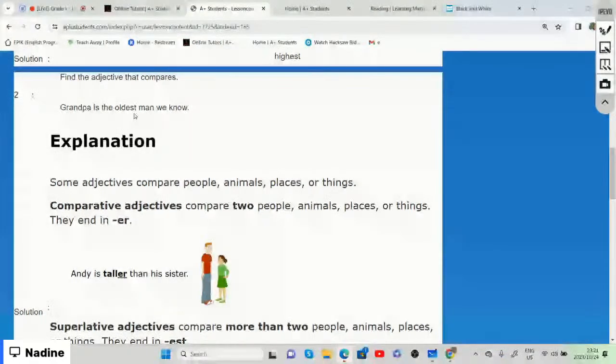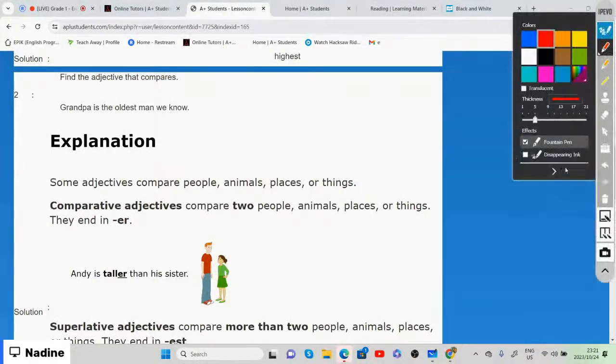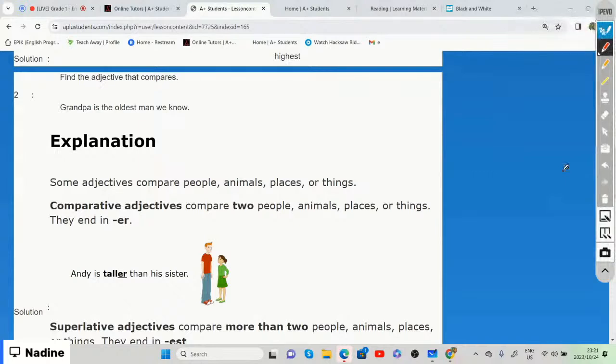Grandpa is the oldest man. All right, so if we select the adjective that compares, we would say this is oldest. And oldest ends in est, which means that this is a superlative adjective.